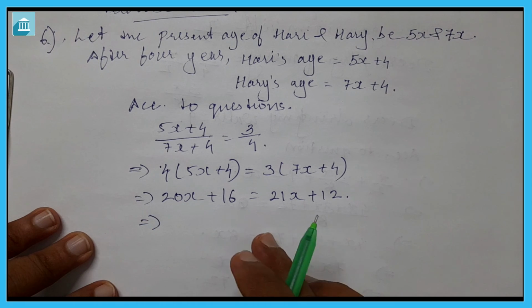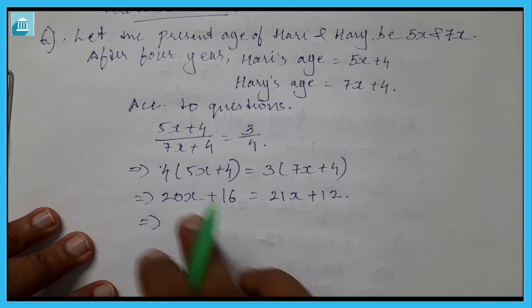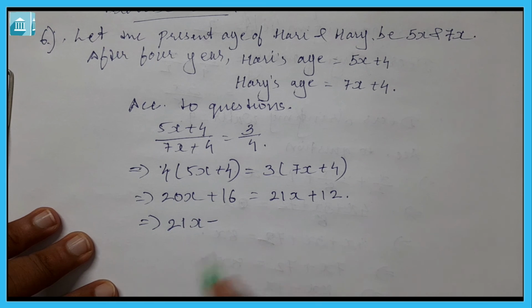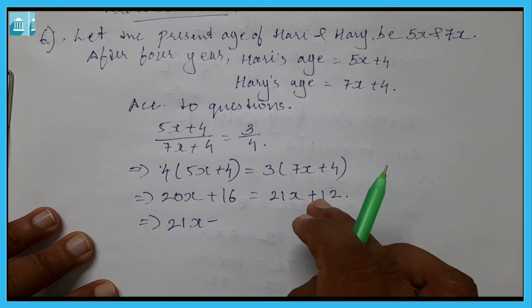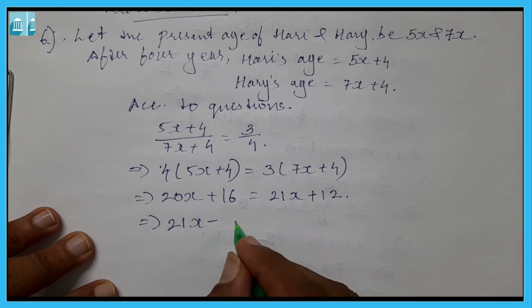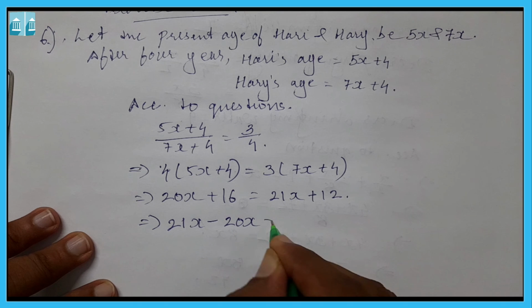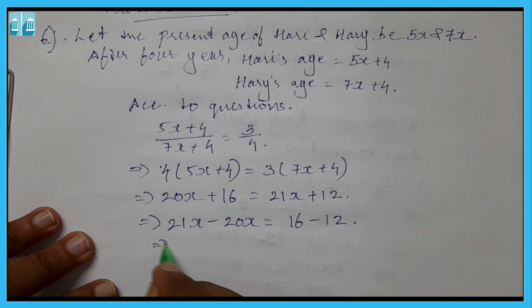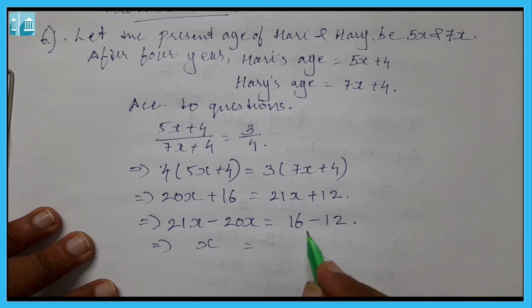Now if you bring terms across, it will be 21x minus 20x is equal to 16 minus 12. So x is equal to 4.